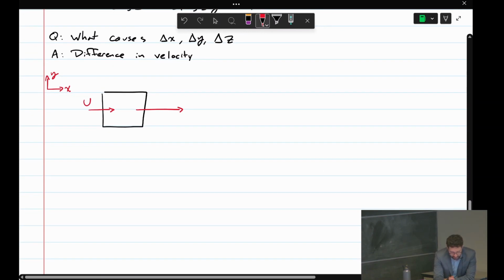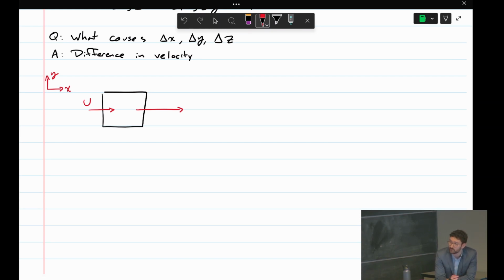Okay. So on the left face of this element, we're going to say we have some velocity u. And on the right face of the element, the velocity will be that original velocity plus the change in velocity per unit length in the x direction times the length in the x direction. So the length of this element is L1.